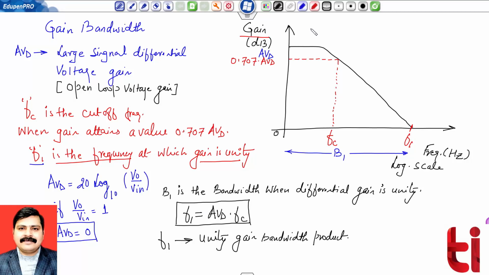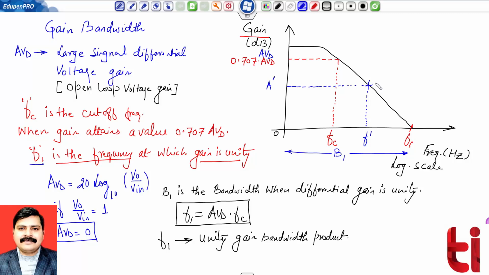Now, for better understanding, let us take some point. I am marking a reference point, and suppose at this reference point I have a gain value A dash, and suppose the frequency is F dash. So this is the magnitude of frequency and gain.